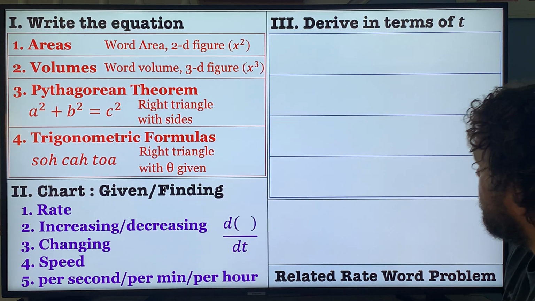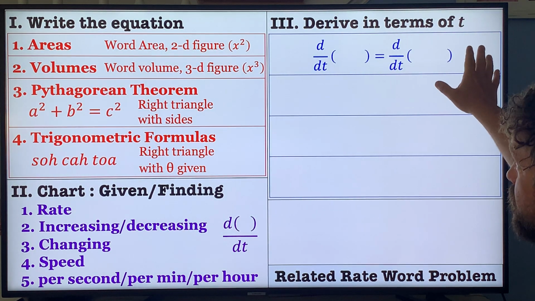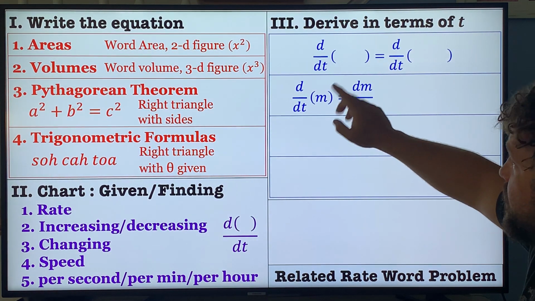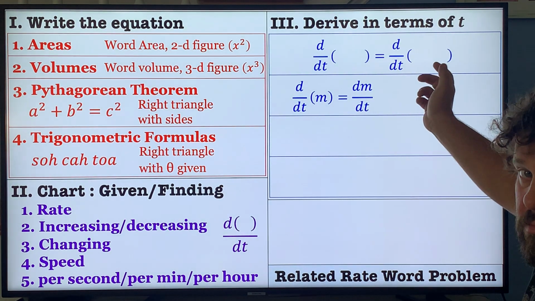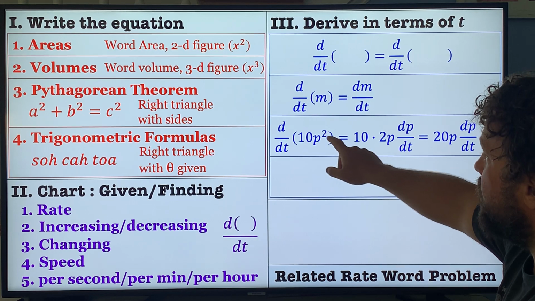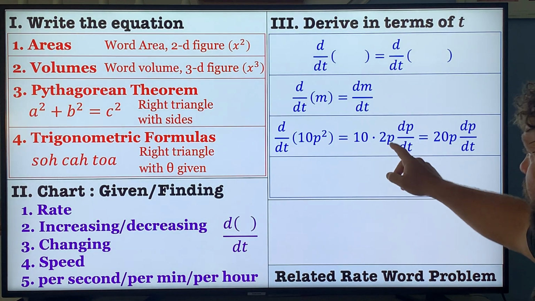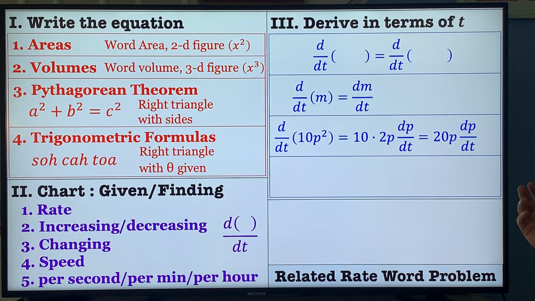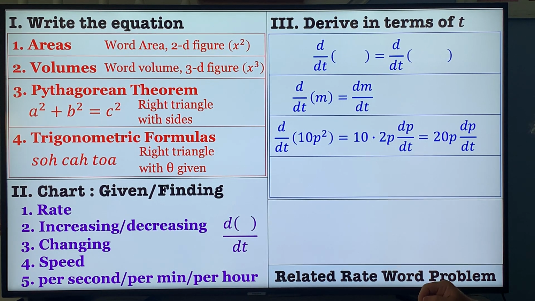You derive in terms of t. So you d/dt both sides, okay? So for instance, if it was a letter, any letter, it'd be like dm over dt, okay? If it was a letter squared, it'd just be whatever that number is times, you derive this using your normal power rule, and that letter over dt, okay?